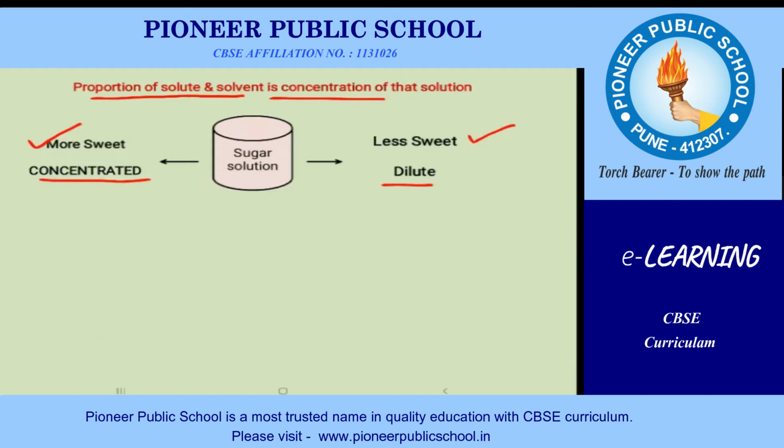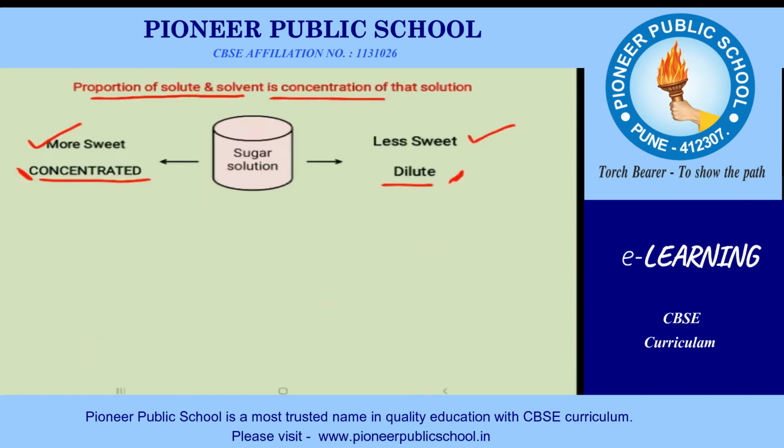Now, you can understand that the quantity or proportion of sugar and water decides this concentrated or dilute concept. Both terms are relative to each other. Now, dear students, we cannot tell that this solution is more concentrated or less concentrated, or that it is less dilute or more dilute.